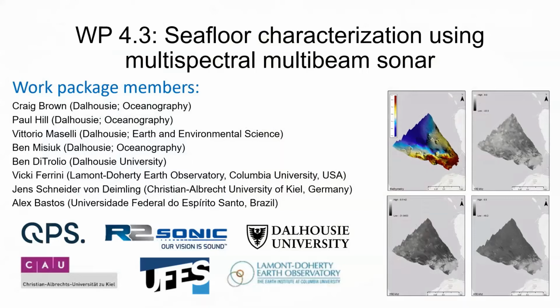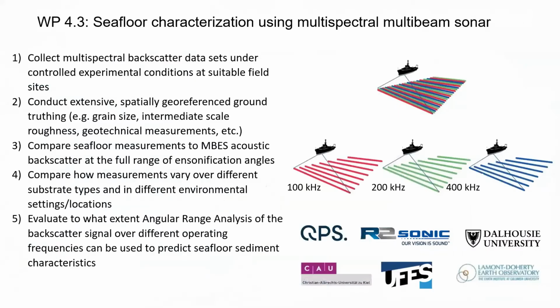And the idea was to build on our earlier multispectral work, try and find some good field sites where we could do some empirical data collection. So the idea was to collect multispectral backscatter data sets under more controlled experimental conditions in suitable field sites, and then really extensively with high spatial accuracy we could ground truth that area and measure things like grain size, bottom roughness, geotechnical measurements of the sediment, really trying to get as much information as possible from these locations.